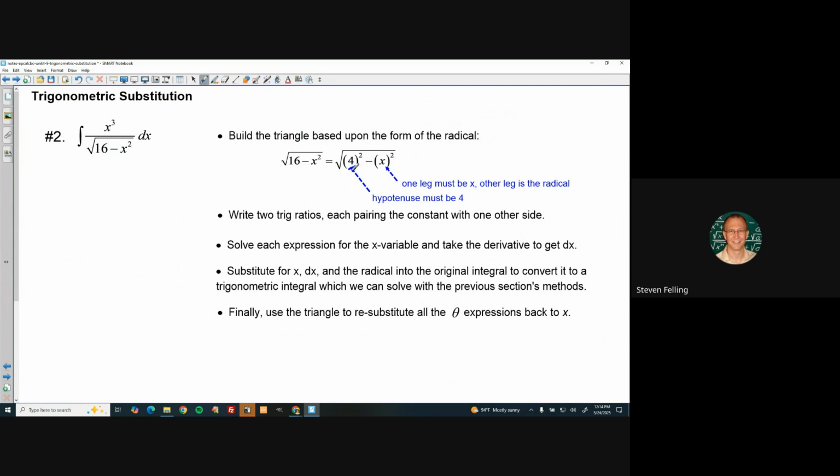That means this 4 here is going to be the hypotenuse of the triangle because it's got to be the largest side. Right? I could make a triangle here where this is theta. If I made this side the square root of 16 minus x squared, this side would have to be 4 and that would be x. Or these two things could be swapped. It really doesn't matter which one you do. You can still get an answer. Okay, so let's go ahead and do the entire procedure here.